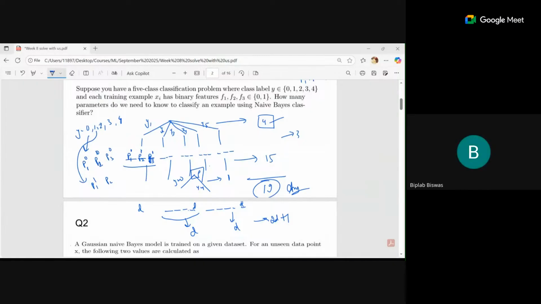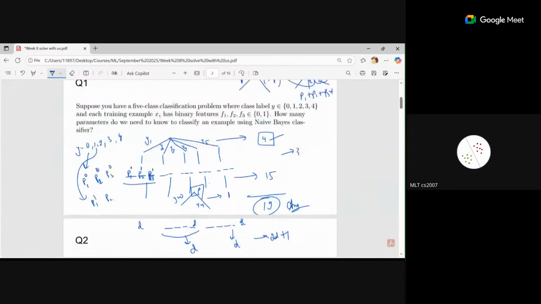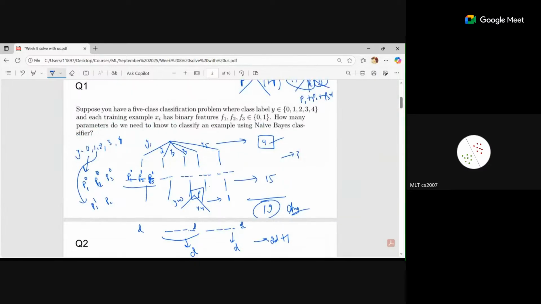Okay, so instead of 5 into 3, it will become 5 into what? 6? No, that is fine. See, you're getting confused here. If you're taking y belongs to 0, 1, 2, but each of my xi has binary features, it means f1, f2, f3 belong to 0, 1.